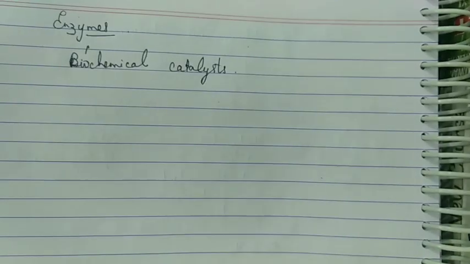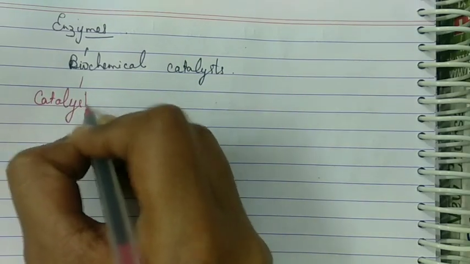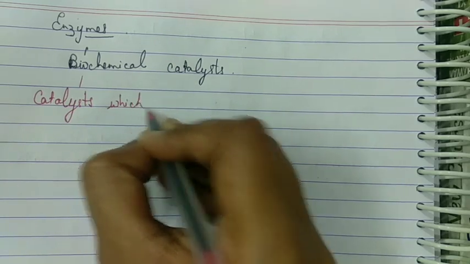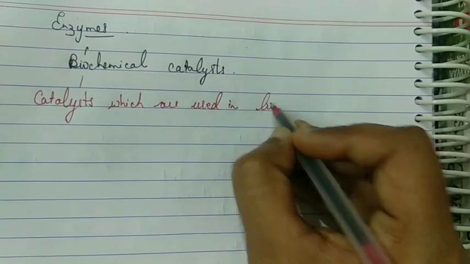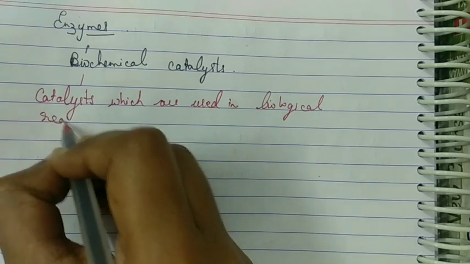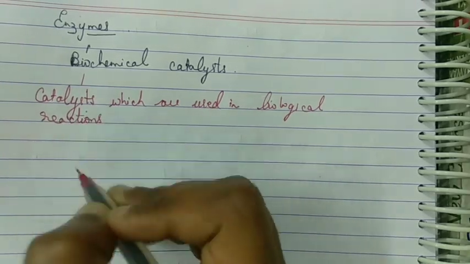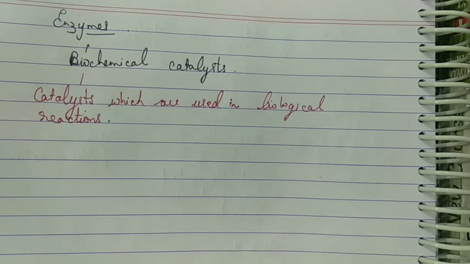We can say that catalysts which are used in biological reactions, that is the reactions which are carried out within our body or within any living organism, all the metabolism such as digestion, respiration, excretion. So whatever catalysts are used in those metabolic processes, they are known as enzymes.